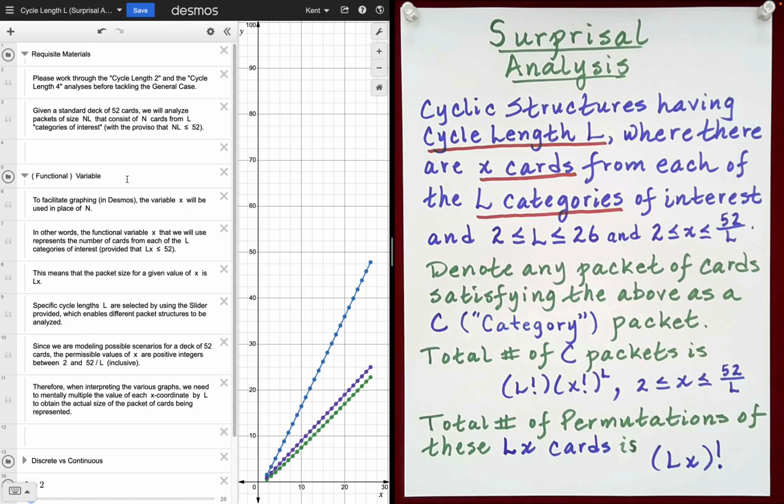Specific cycle lengths L are selected by using the slider provided, which enables different packet structures to be analyzed.